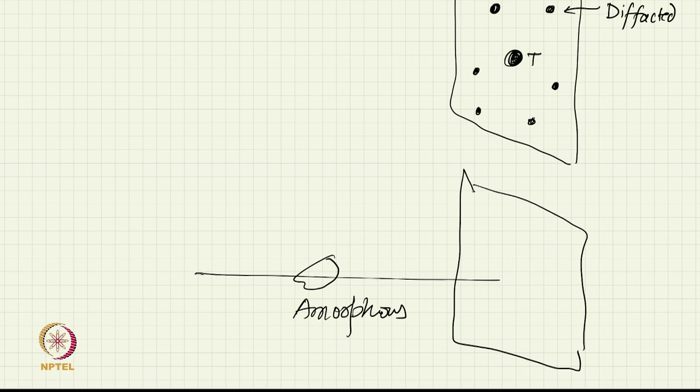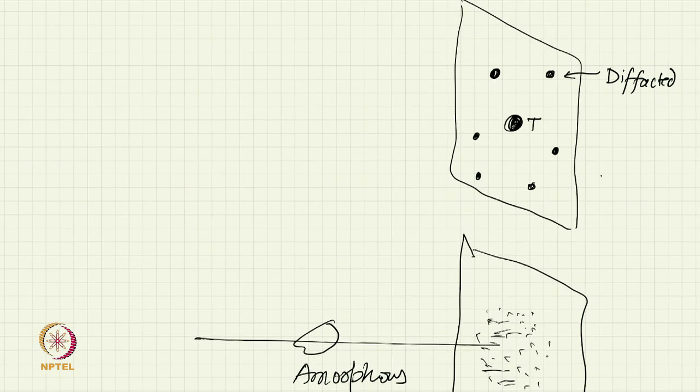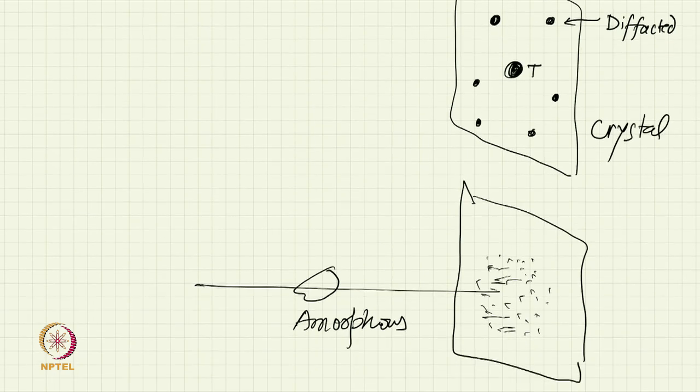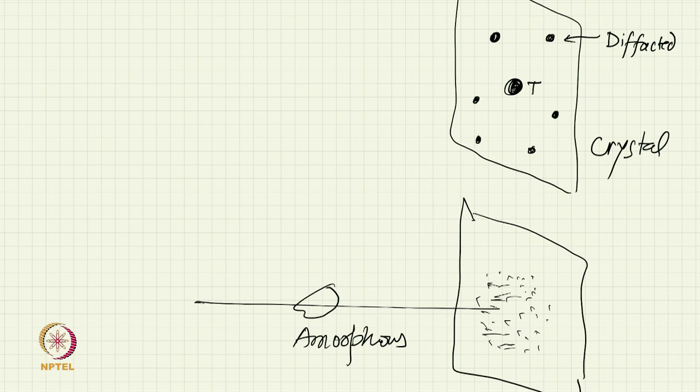It will also scatter the beam, but it will be a hazy scattering in all places instead of sharp diffraction peaks as in the crystal. So this idea formed that if you see a sharp diffraction pattern, it is a crystal. If you see a diffuse diffraction pattern, it is amorphous.